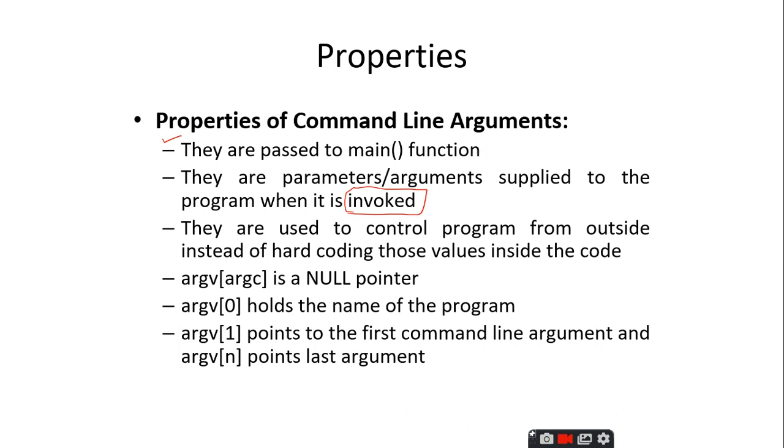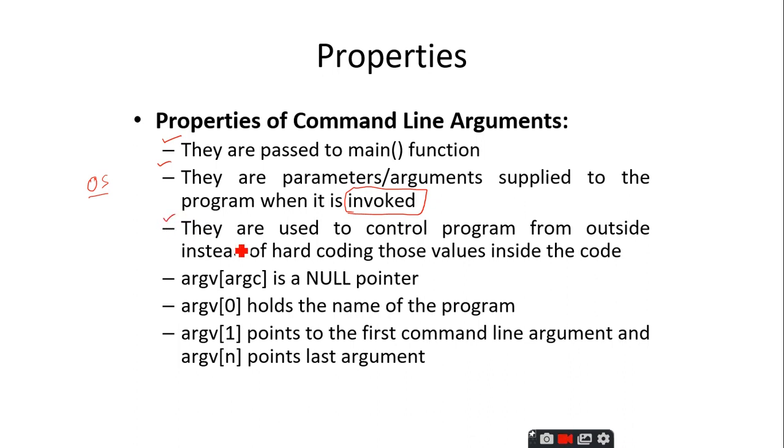Therefore, the main function will always be called by the operating system, in short form OS. So, you may have a doubt: who is going to invoke the main function? The operating system is going to invoke the main function, that is it. And why we make use of these command line arguments?